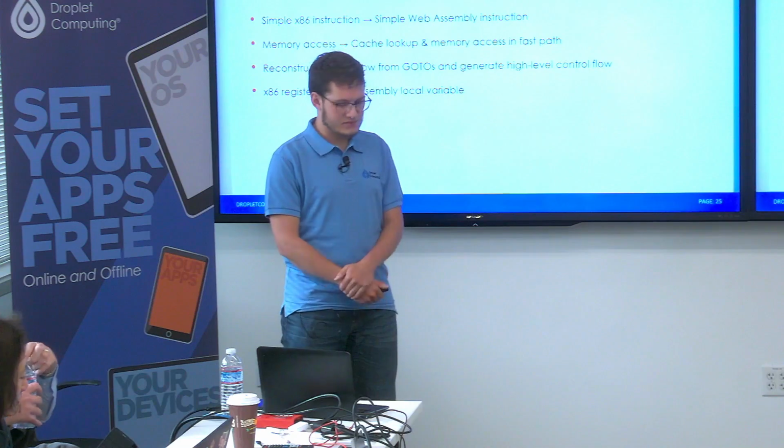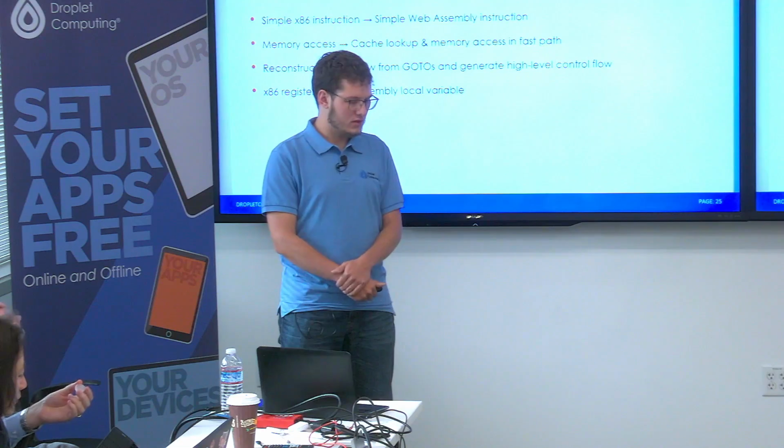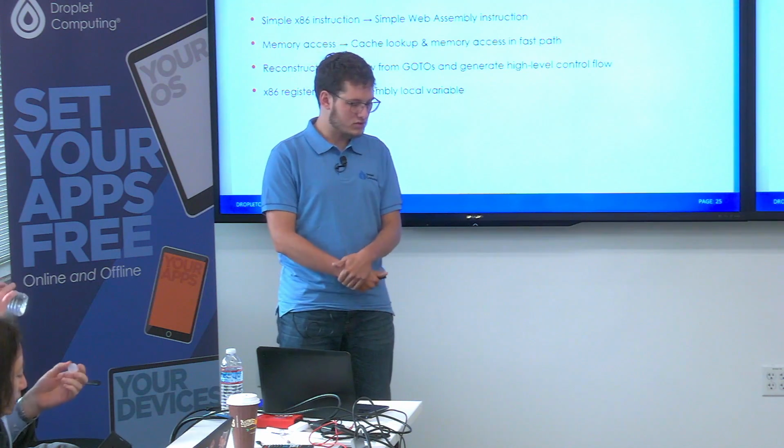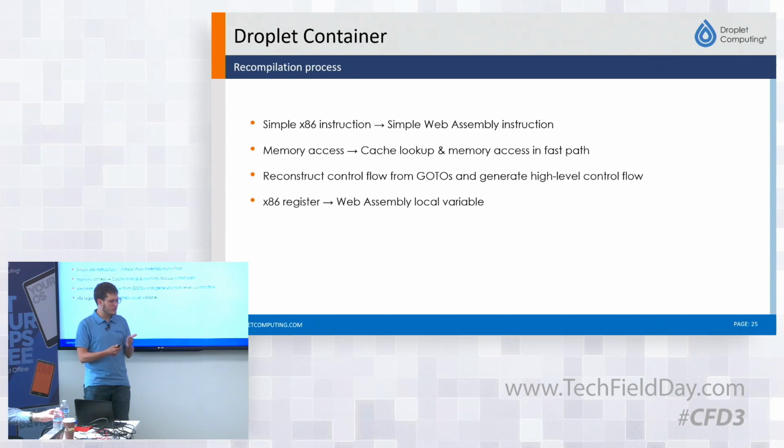Yeah. Then from the machine code, we reconstruct the original control flow, and WebAssembly accepts this high-level control flow to make sure that the machine code does not have arbitrary jumps into some places in memory.